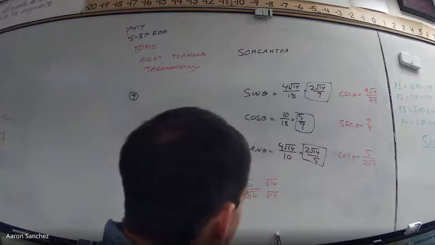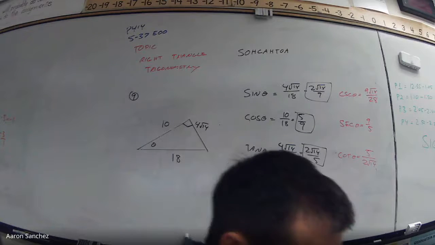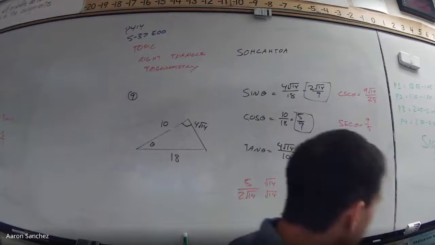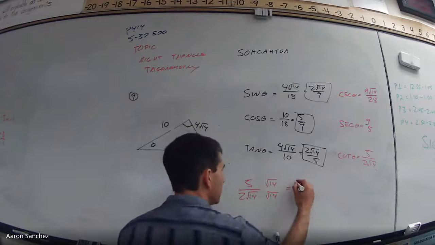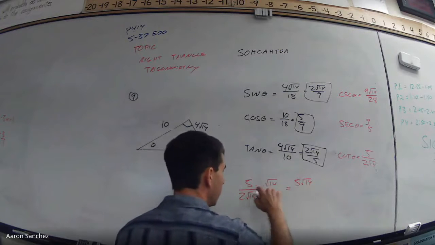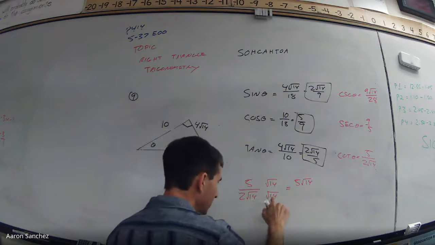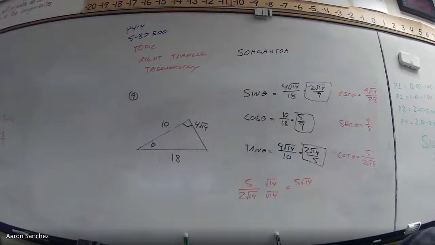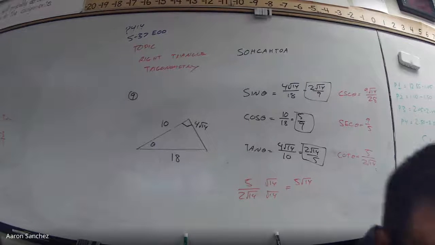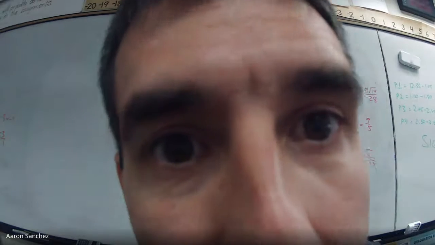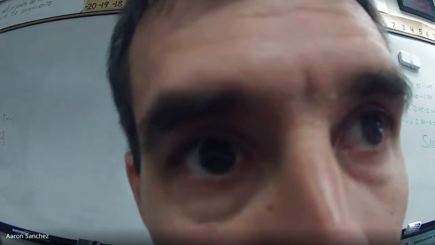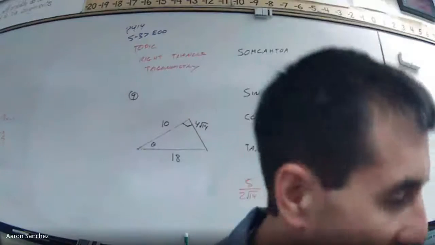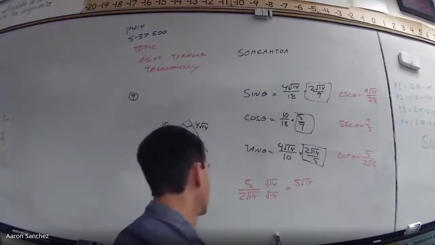Yeah. Okay. You guys see that? So again, my numerator is 5 root 14, right? And root 14 times root 14. What's root 14 times root 14, Alonzo? 14.